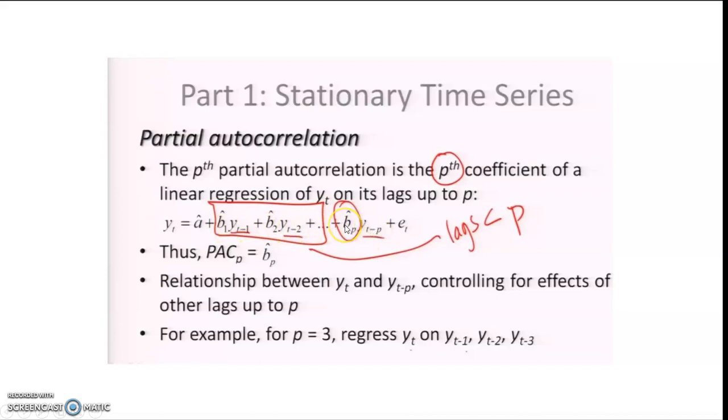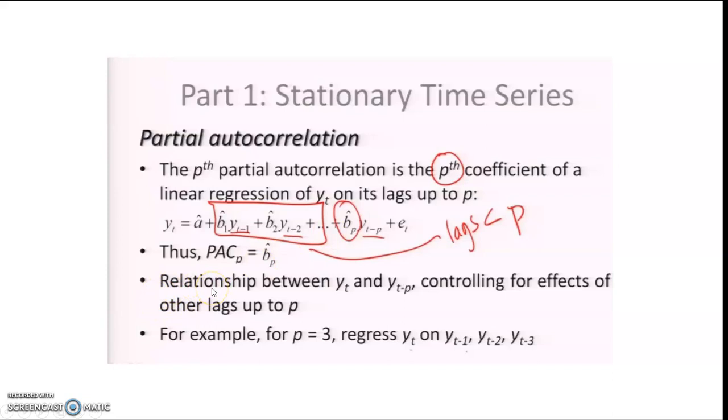So this coefficient bp hat is the partial autocorrelation of this linear regression at lag p.